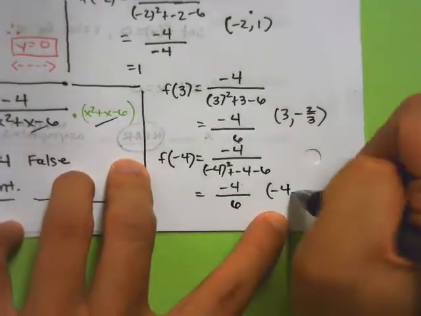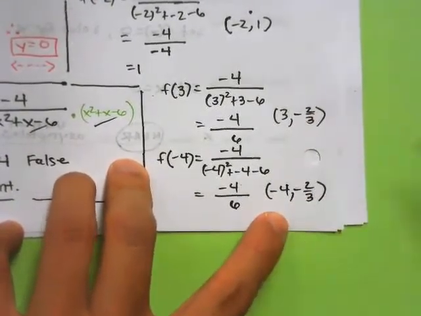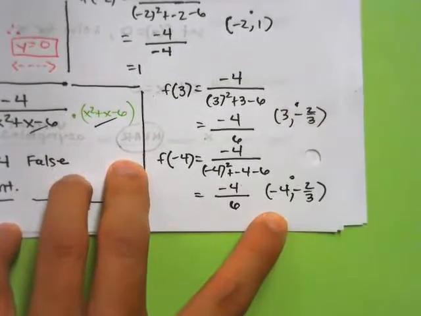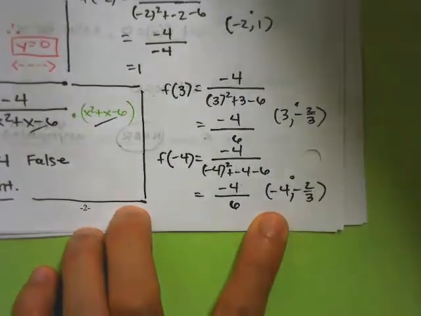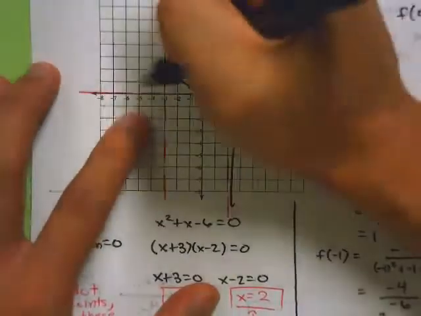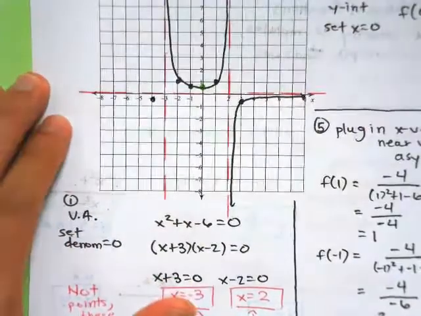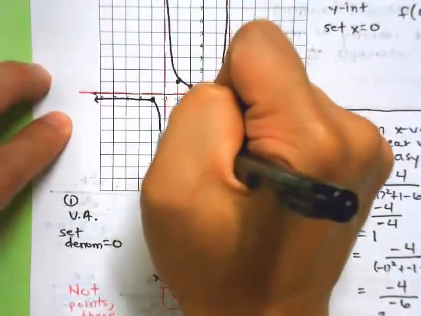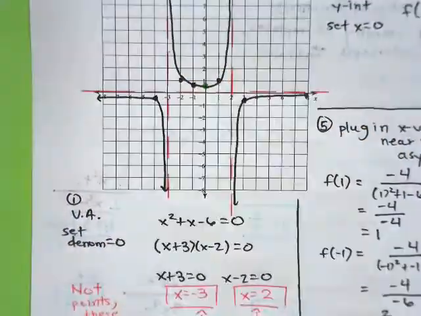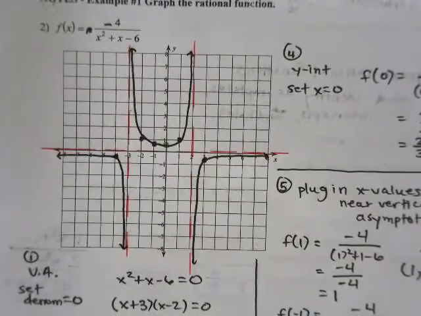So it's going to be negative 4 comma negative 2/3. This solidifies that we're going to have this graphical representation on the bottom left. So negative 4 comma negative 2/3 is over here, and that's going to be that. All right, so that is our graphical representation of f of x.